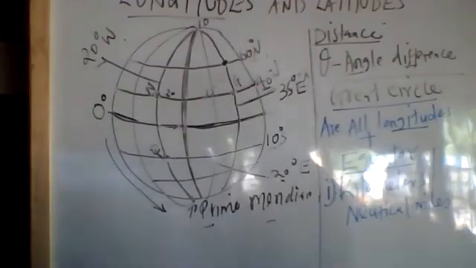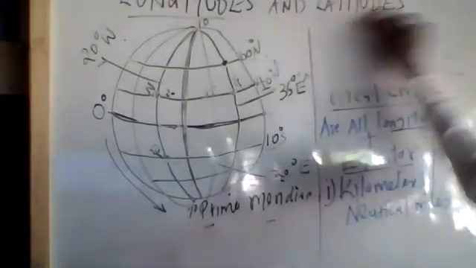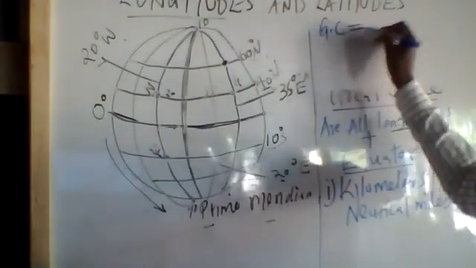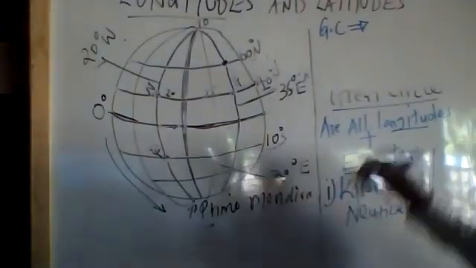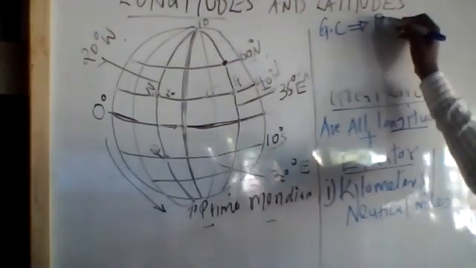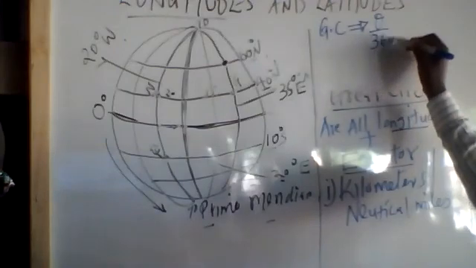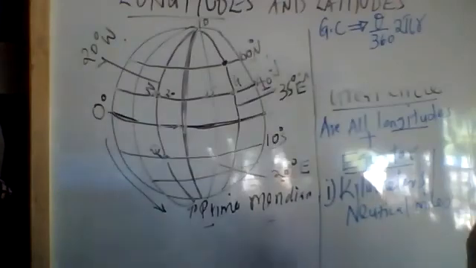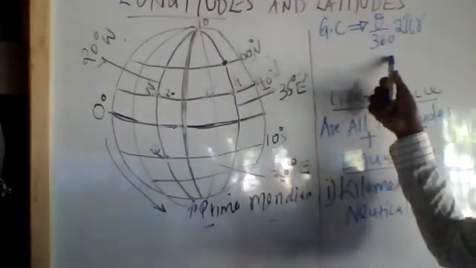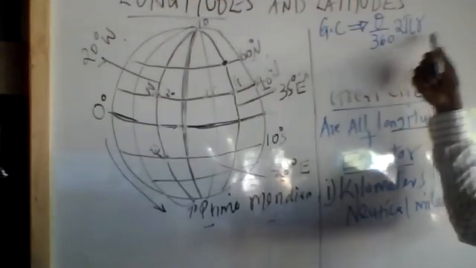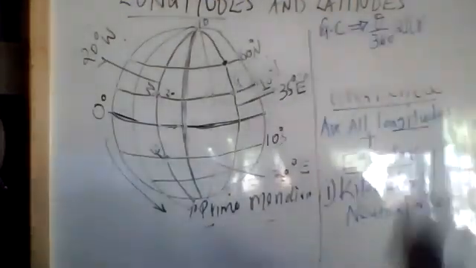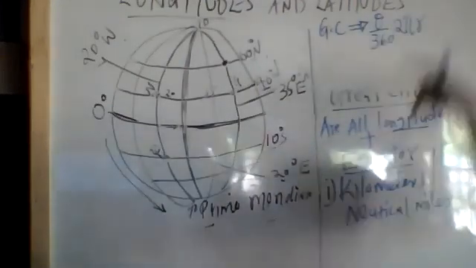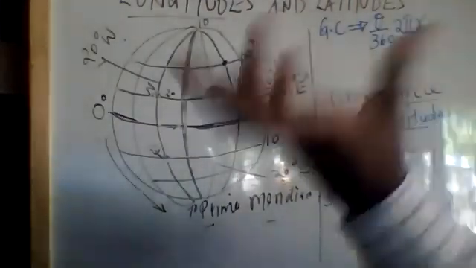So I want you to just take it from the upper side. I'm going to write it here. Using a great circle, in terms of kilometers, it's going to be theta over 360 times 2 pi r. Theta is the angle difference, whereby 2 pi is the normal working, we know 2 times 22 over 7.